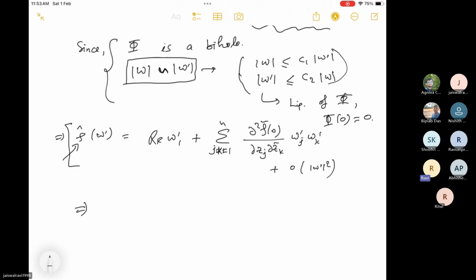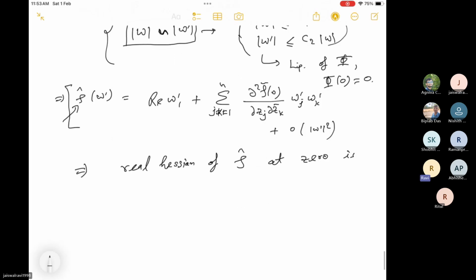Okay. So once we have this defining function, because this is the Taylor series near zero, you can see that the real Hessian of rho tilde at zero is exactly this: sum over j, k from 1 to n of del square rho tilde at 0 by del zj del zk bar of wj wk bar with prime.